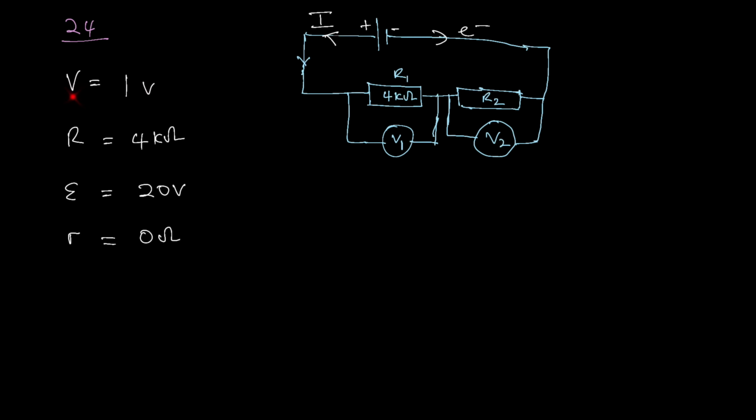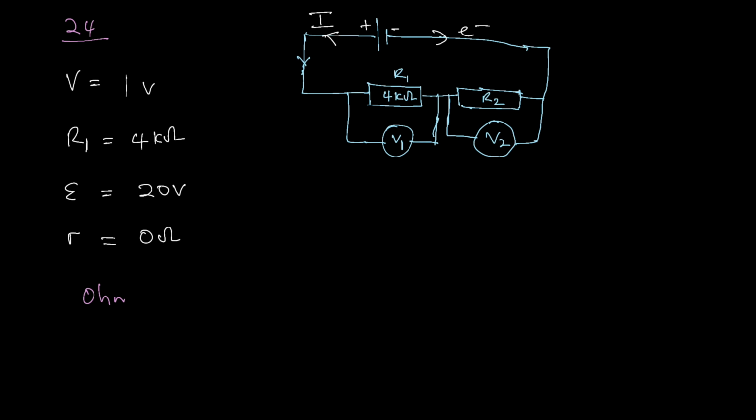So we have voltage to be 1 volt and R is 4 kilo ohms. This is R1, and this is the EMF, which is 20 volts, and internal resistance of that is 0, and so that means the terminal PD is fully 100% from the EMF. And so what we have now is to apply Ohm's law.